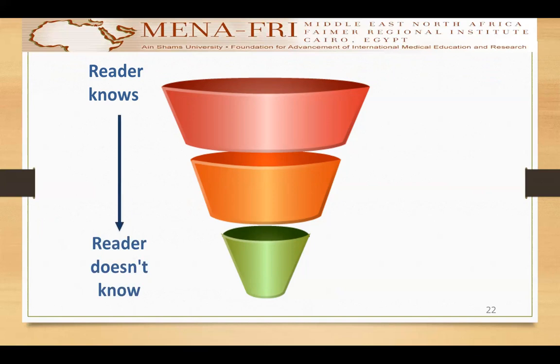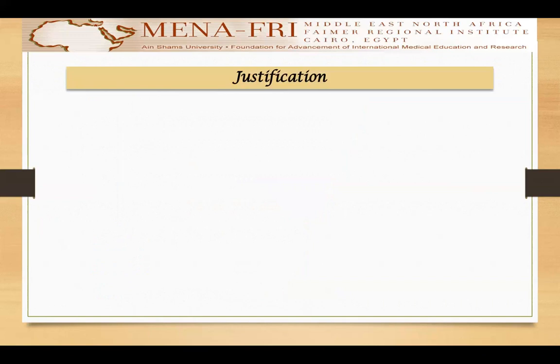What you want is for the reader to know a little bit more than what they don't know. So when the reader reads your proposal, they are supposed to understand all the information that is in your head and all its background.